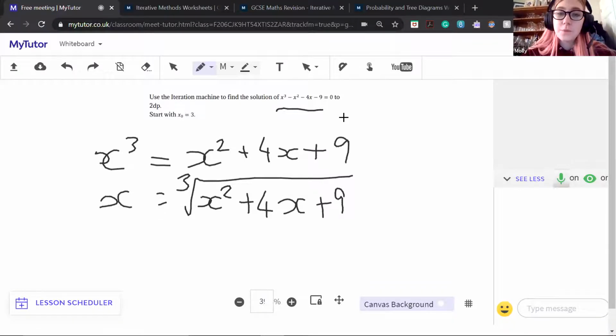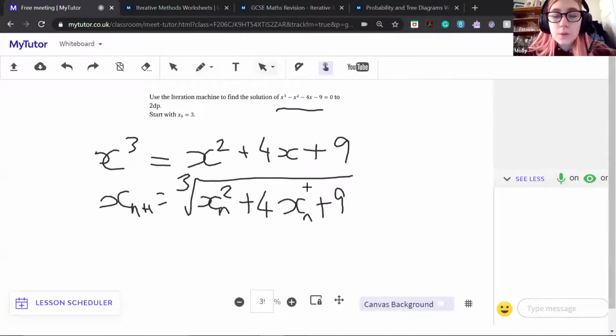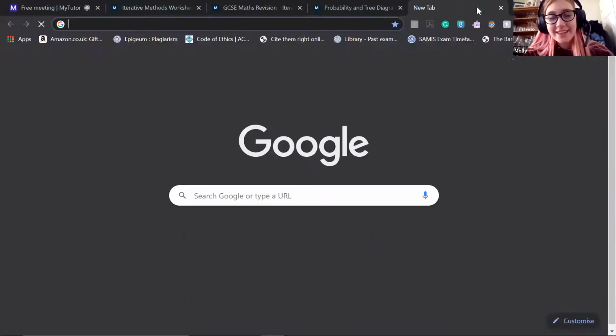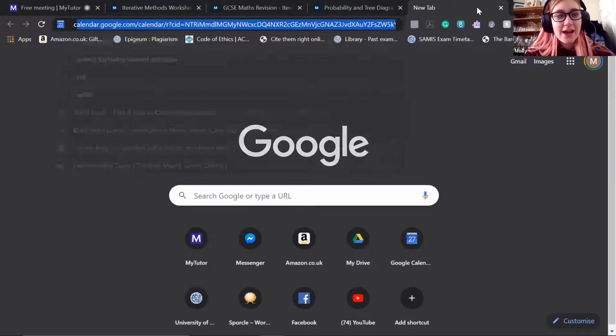And now what we do is we call this x n plus 1, and all of these are our x n's. So we're going to start with putting in x n. So x naught is the first term. We put that in here, we put 3 in all of these, and we're going to get out another number. And then we take that number and put it into here.